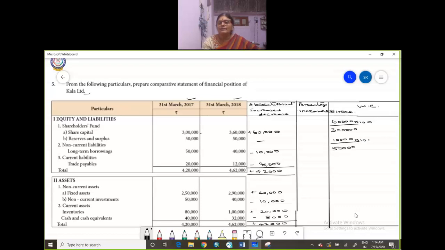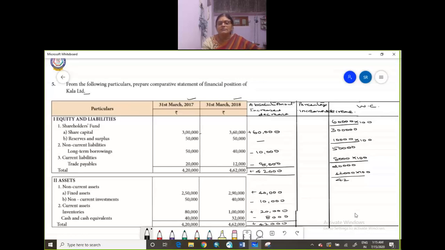Then your trade payable is reduced by 8,000, 8,000 into 100 divided by 20,000. Then the total liability has increased by 42,000 into 100 divided by 4 lakh 20,000.